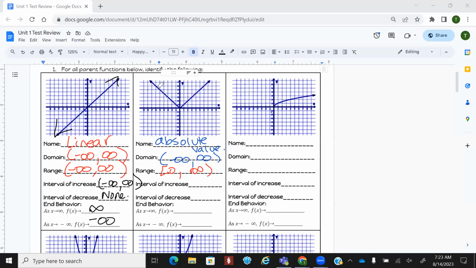Now on this one, we've got a decrease and then we have an increase. So with the decrease, it's going to be from negative infinity to 0. Notice how I went from negative infinity to 0. We're looking at our x values when we're talking about increasing and decreasing. For the increasing part, we're going from 0 to positive infinity.